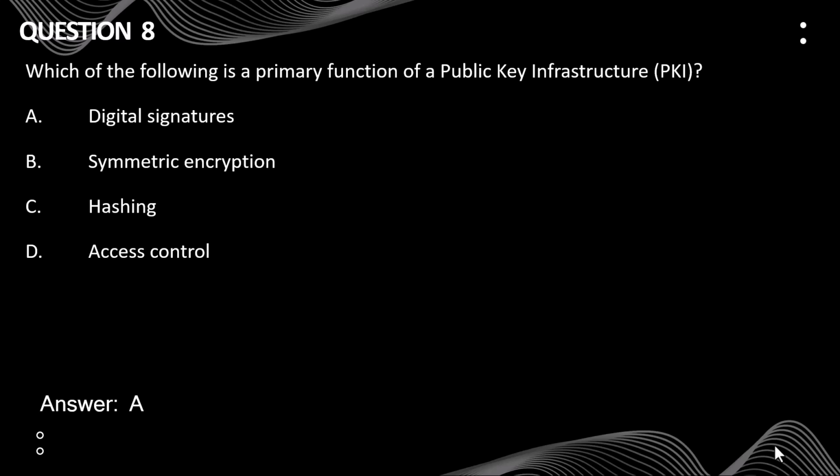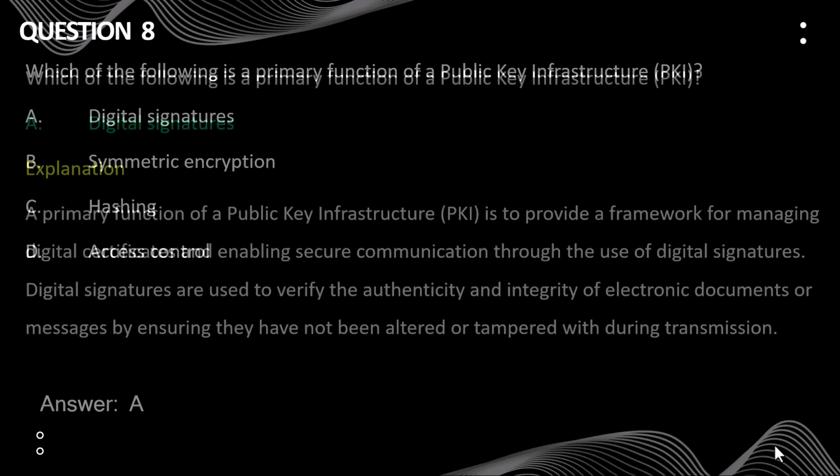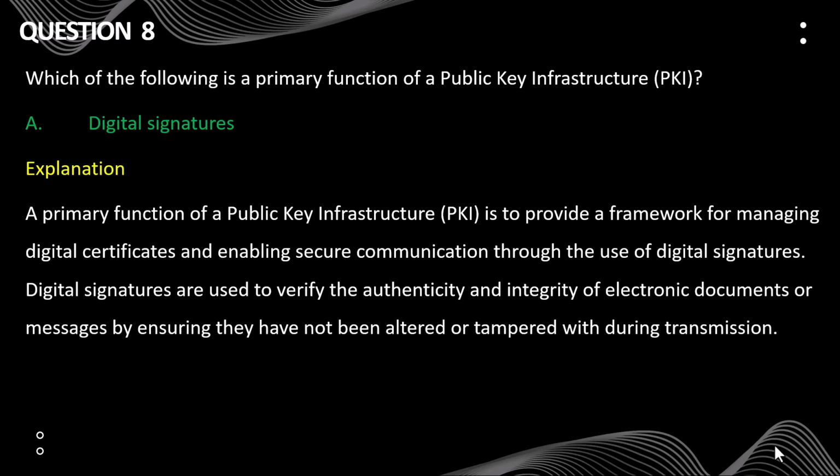For option D, access control, PKI supports secure connections and identity verification, which can be a component of access control systems, but access control itself is not a primary function of the public key infrastructure. So that's why we're going with option A.